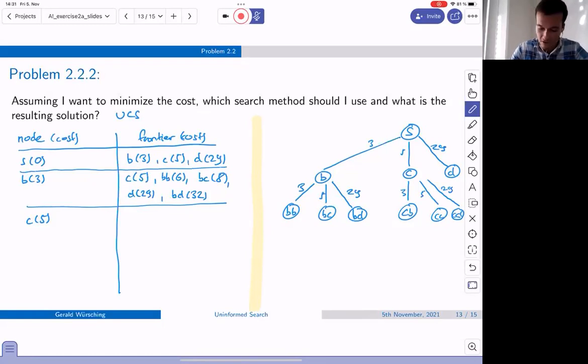Okay, so we'll just write up the frontier for the next step, which is choosing C5. So again, we chose C5, so we add BB from the last step, which is 6. We have BC, which is 8. Then we have CC, which is 5 plus 5, so 10.